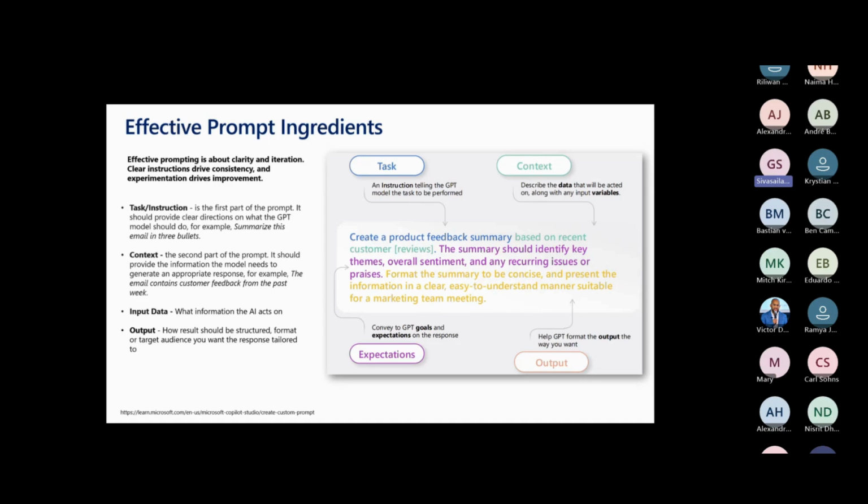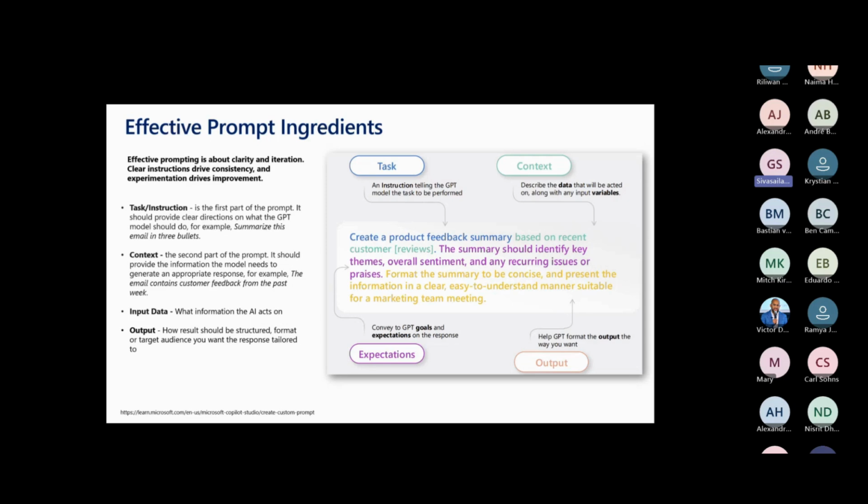Every prompt you create should be contextualized in a way where you're setting the stage for the task at hand. The context helps AI understand not just the what, but also the why behind your prompt, so that you get more relevant and more accurate responses. The very first ingredient there is the task. This is the most basic question the model needs answered.